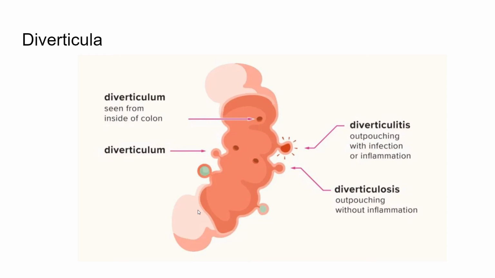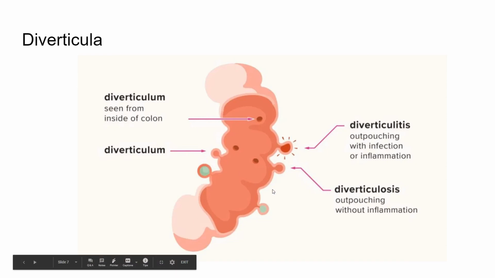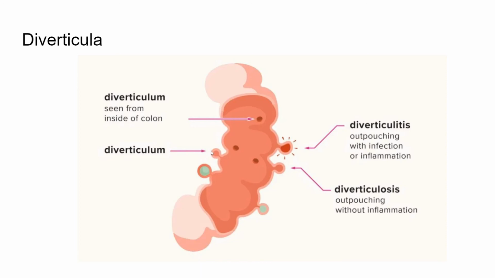And so the colon will actually narrow, and this increases the pressure on the walls, which can result in these little things called diverticula, which are these little bubbles that can form. When you have these diverticula, you have something called diverticulosis, which is just having them.